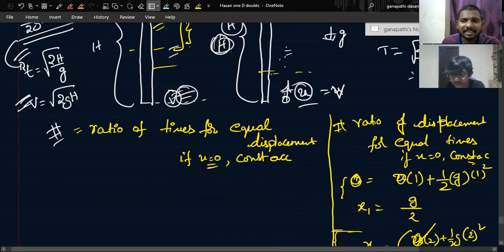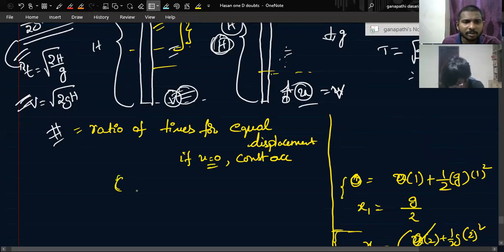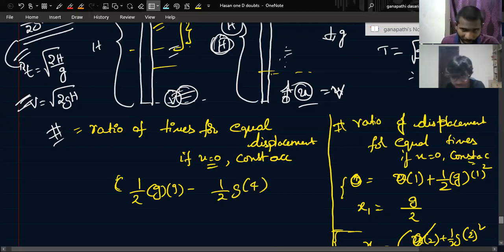And again, in 3 seconds, how will you take it? Similarly, u is 0. So that means half into g into 9 minus half into g into 4, isn't it? What do you get?